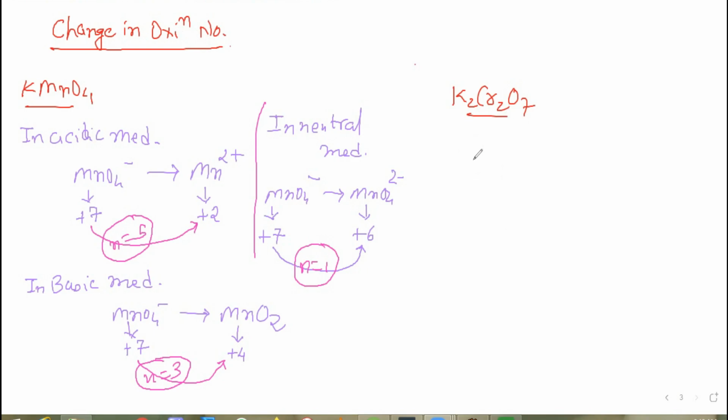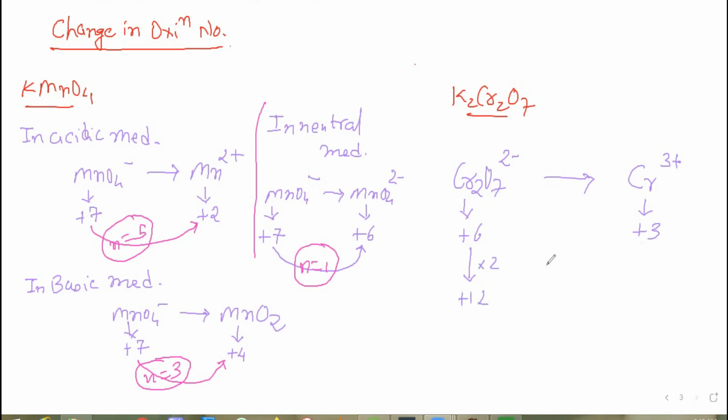Now, if we take K2Cr2O7, then the negative ion of this compound will be dichromate ion, and generally it is converted into Cr3 plus ion. Now the oxidation number of Cr in Cr2O7 2 minus is plus 6, another side plus 3. Now 1 Cr has oxidation number plus 6. In 1 mole of dichromate ion there will be 2 Cr. So here we have to multiply it by 2.